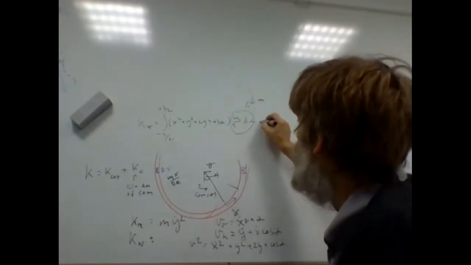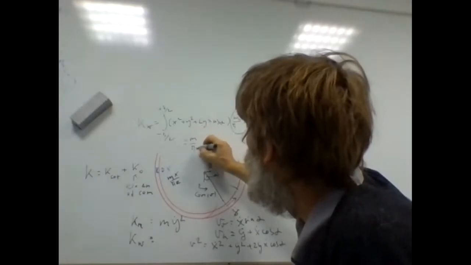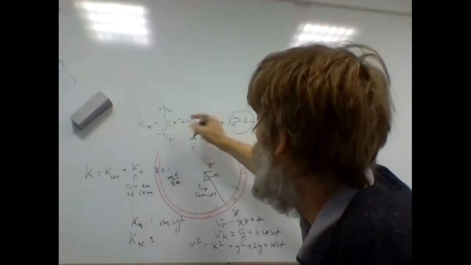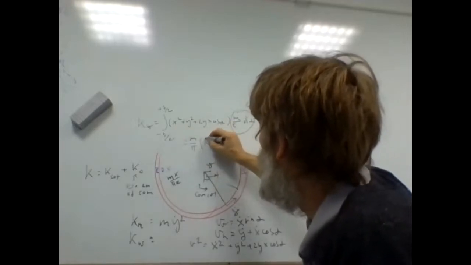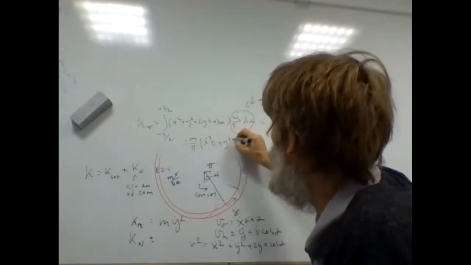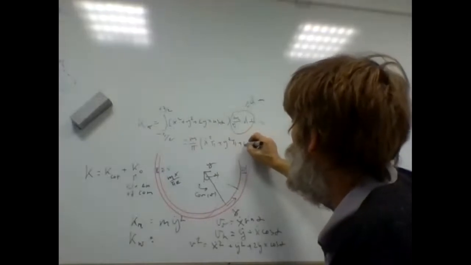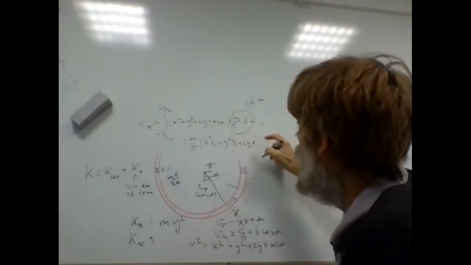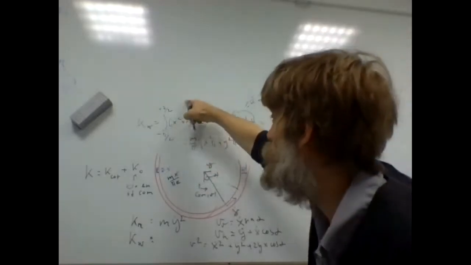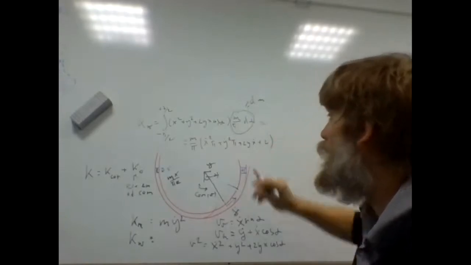So this equals M over pi times pi x dot squared plus pi y dot squared, plus 2 y dot x dot, since the integral of cosine is sine from minus pi half to plus pi half, which gives 2.